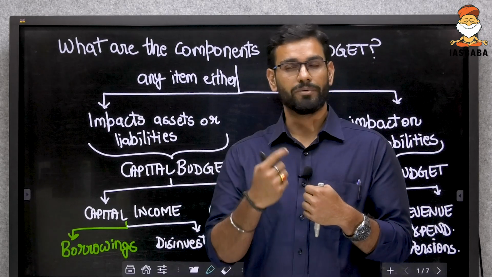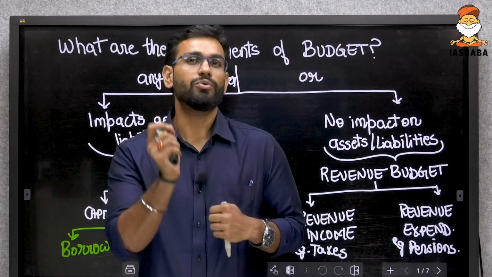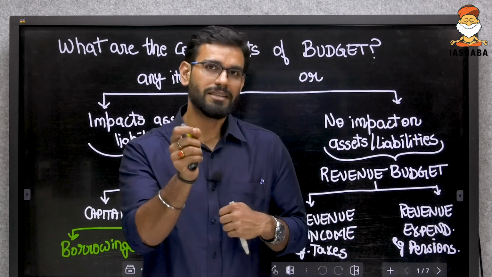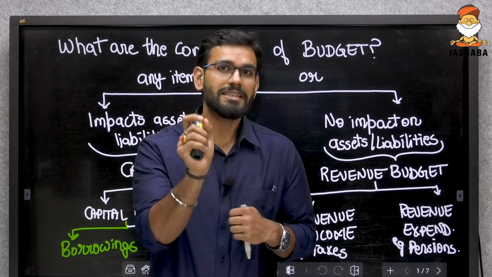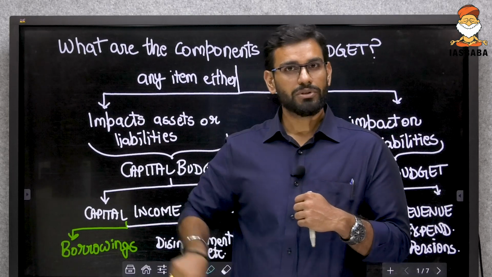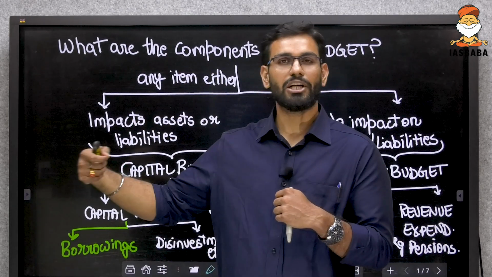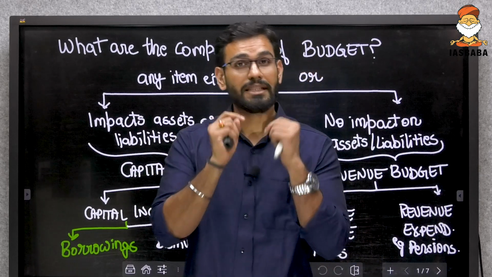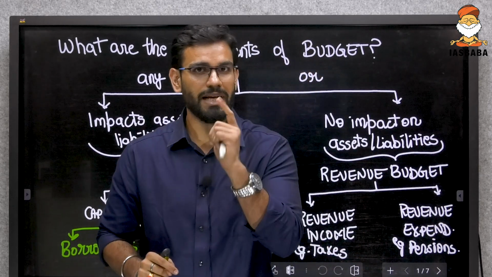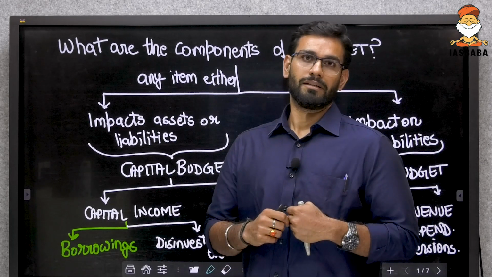For example, a loan. Try to take the example of a loan. For you, is it a liability or an asset? For you, it is a liability. Why? Because when you take a loan, interest goes out of your pocket. So the loan is the cause of cash outflow. That is why for you, it is a liability. However, what about the bank? For the bank, it is an asset.